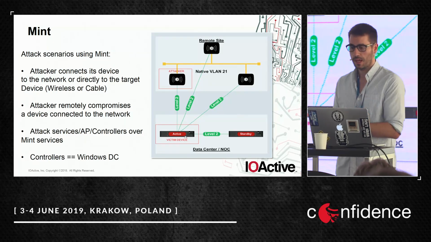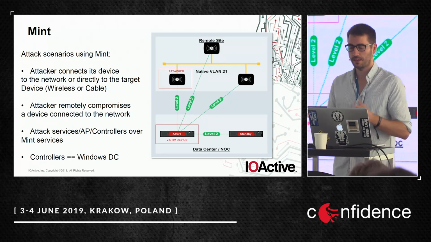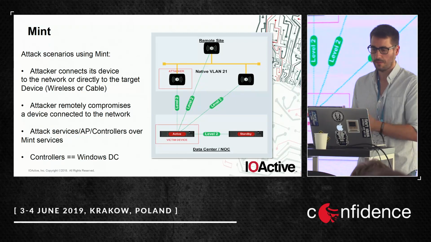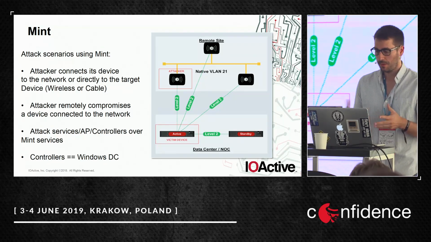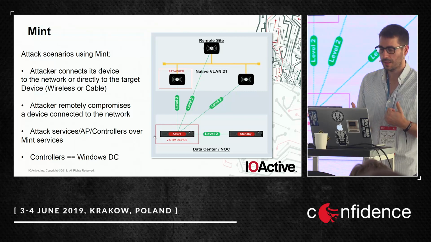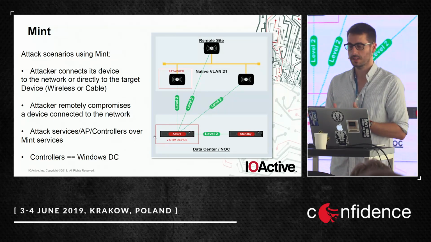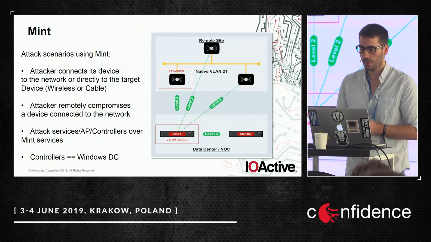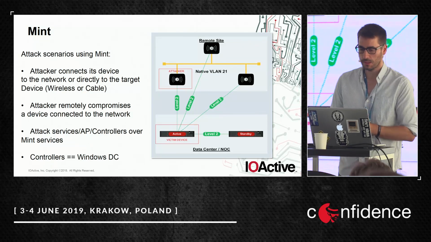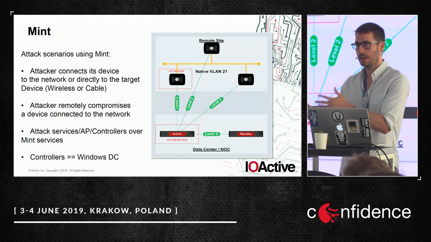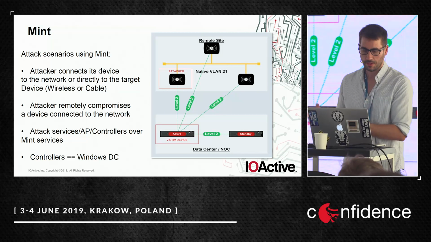Then, with that, I can establish the Mint link and exploit potential Mint vulnerabilities. But another option could be that the attacker remotely compromises one WingOS device, like an access point or controller, and from there he can pivot and exploit Mint issues in other devices.